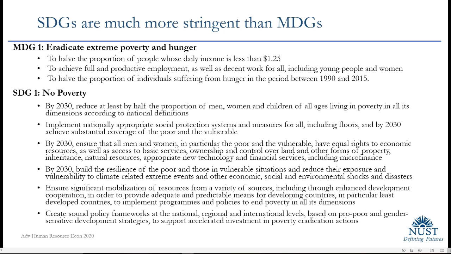So this is just for poverty. We'll go through these a few slides later also. So this slide is just trying to show you that SDGs are much more stringent. Their goals are slightly more difficult to achieve, ambitious we could say, and also higher in numbers. So there are 3 indicators within MDG 1 and 6 indicators within half of that goal. So just to eradicate poverty, there are 6, and then within these indicators there are furthermore.